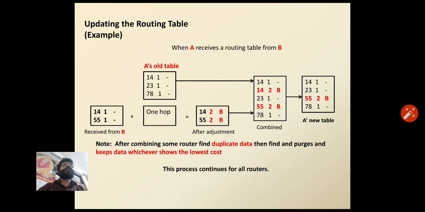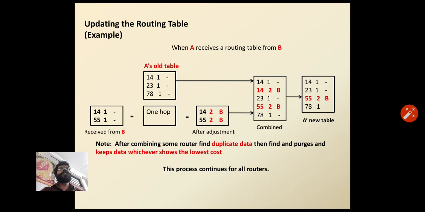After eliminating the duplicate data, we find router A's new routing table. This new routing table is shown in this diagram: 14.1, 23.1, 55 to B, where B is the next router address, and 78.1 dash, where dash means there is no next router.